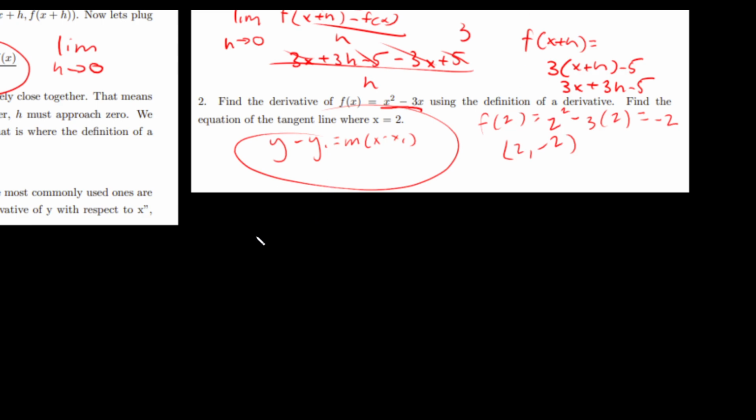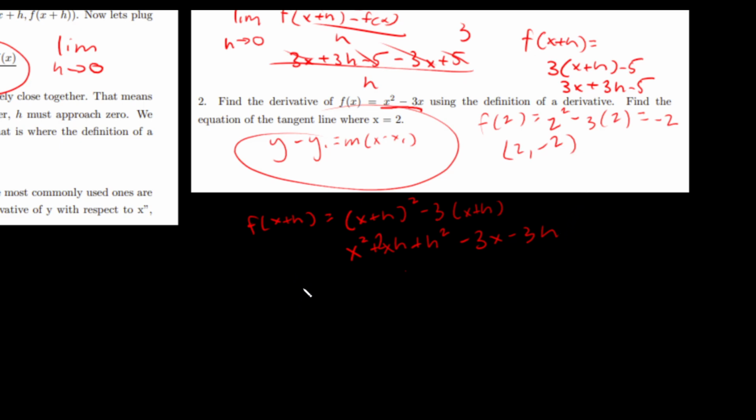Next, we're going to use our definition of a derivative. So first we're going to do f of x plus h. It's just x plus h squared minus 3 times x plus h. Let's simplify that down. There's 2xh, minus 3x minus 3h, right?